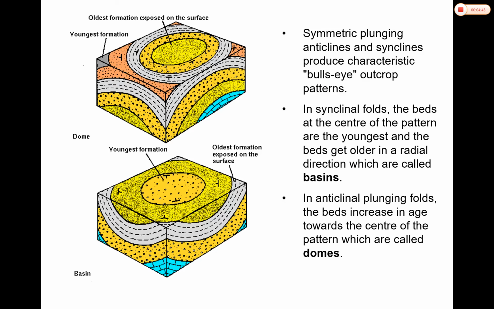Alright, okay, so the symmetric, plunging, anticline and syncline, dia akan produce bullseye outcrop kat tengah ni. Kita panggil bullseye outcrop. Okay, for the synclinal fold, yang ni ini adalah syncline.